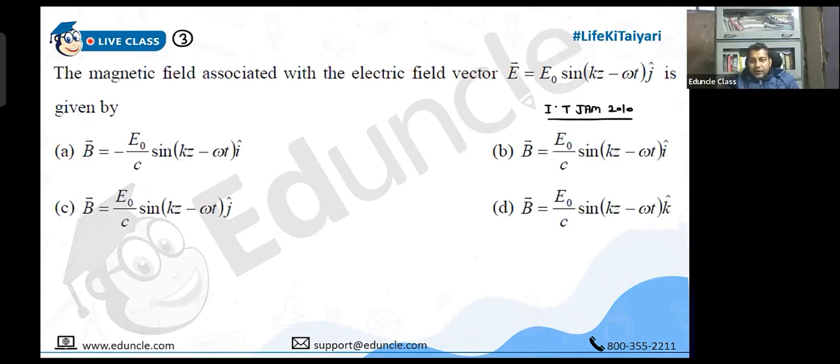Again, the E vector is given and you need to find the D vector. Again, you can use that shortcut formula that we have used just now. Very good, Durga.